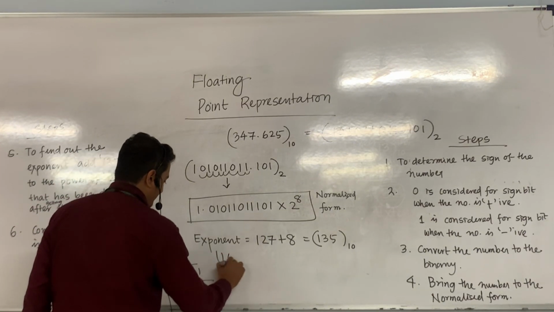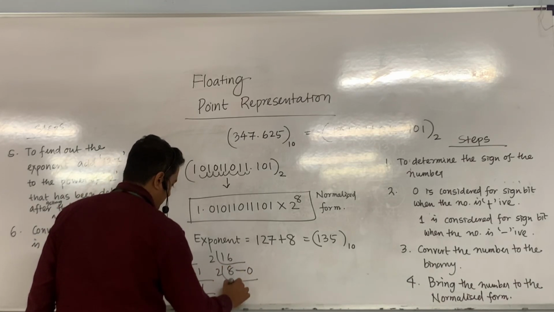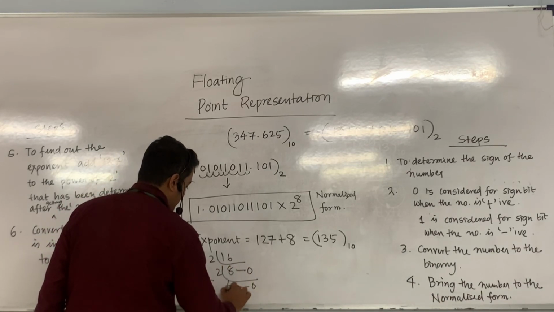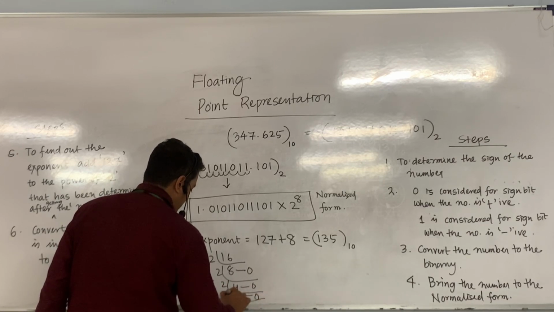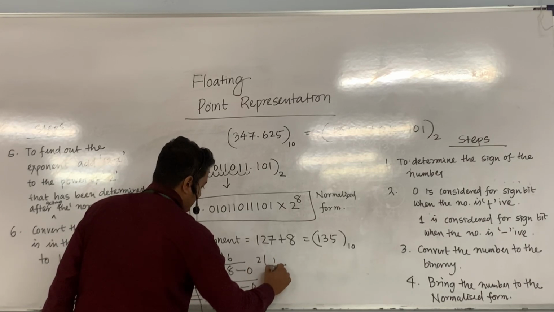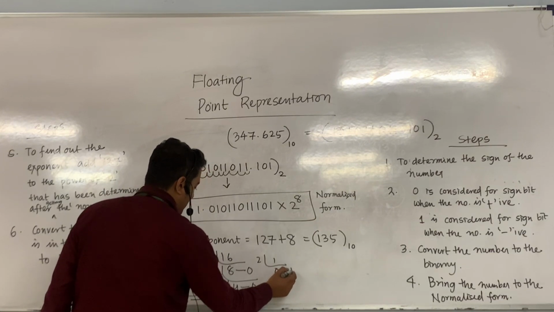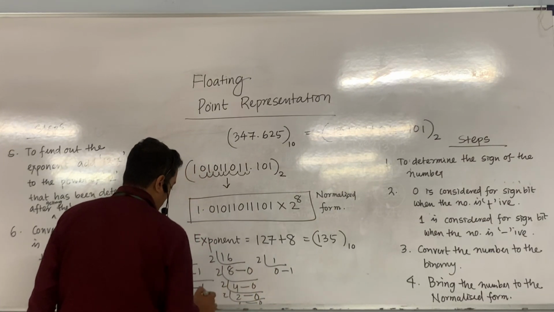Then 2, this is 8, remainder is 0. Then 2, it is 4, remainder is 0. Then 2, it is 2, remainder is 0. Then 2, it is 1, remainder is 0. Then finally 1, it is 0 and remainder is 1. So 1, 0, 0, 0, 0, 1, 1, 1.